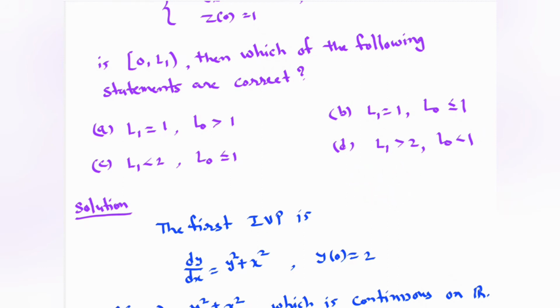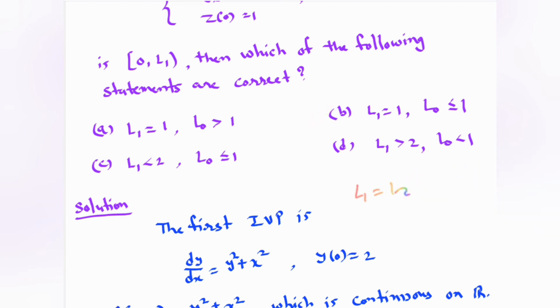Now we will check each option. In the first option, L1 equal to 1 is correct, but L0 is less than or equal to 1 by 2, not greater than 1. So this option is not correct. The second option is correct because L1 is 1, and L0 less than or equal to 1 by 2 is also less than or equal to 1, so option B is correct.